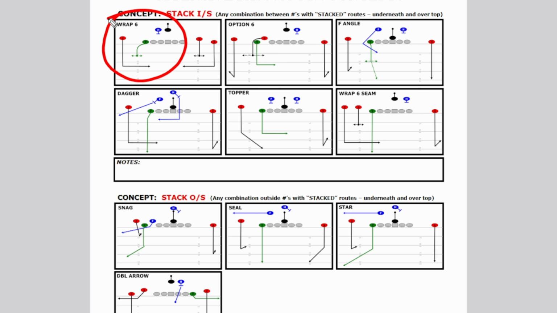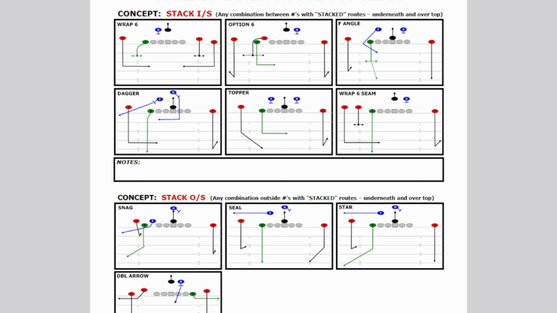We use some numbers sometimes to talk about the type of route it is, and 6 is a common digit number talking about a dig. Okay, so we have somebody that's running basically, let's say a 10 to 15 yard dig with somebody underneath running an option route. So you kind of get that high, low stretch if you look at it from an offensive standpoint.